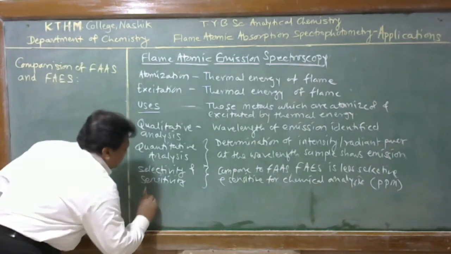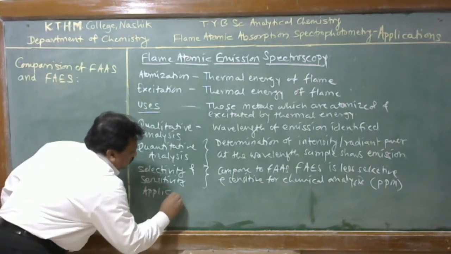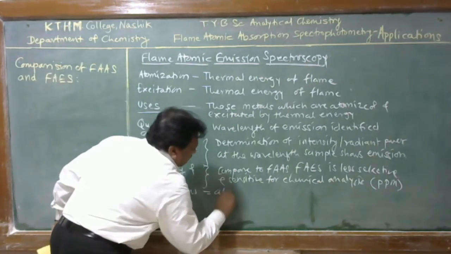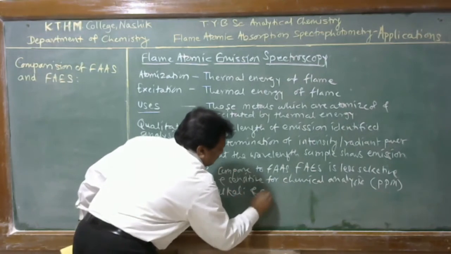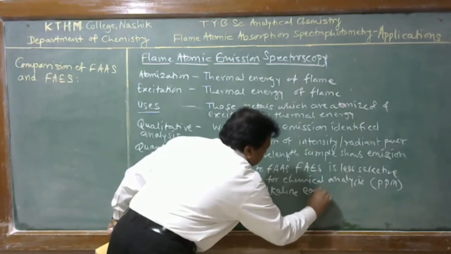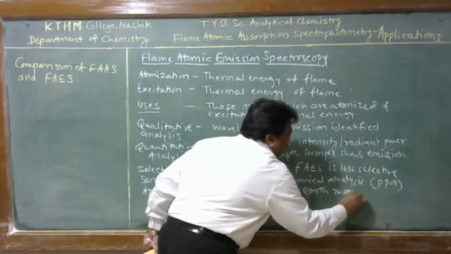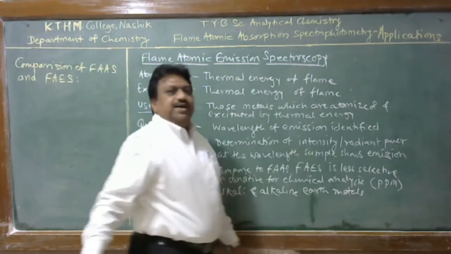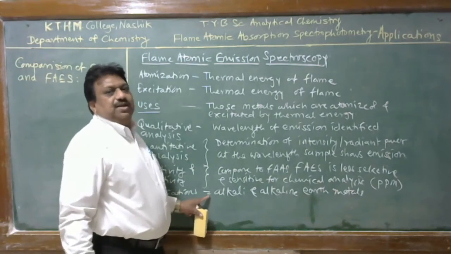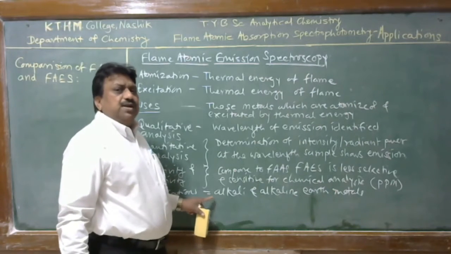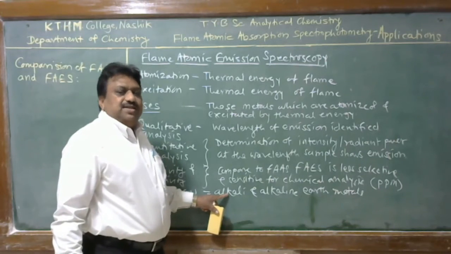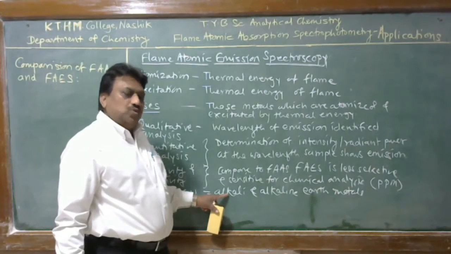Applications: specifically, it is useful for the analysis of only alkali and alkaline earth metals. Therefore, other non-metals cannot be determined by flame atomic emission spectroscopy, but by an indirect method we can determine the non-metals by atomic absorption spectrophotometry.